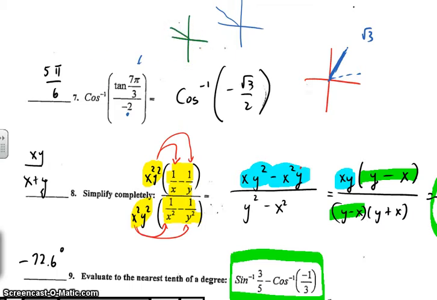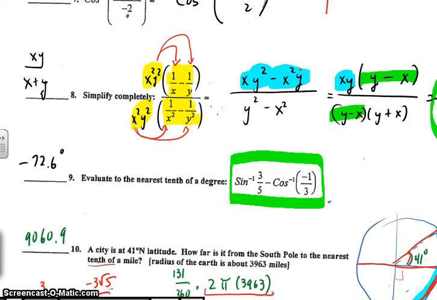All right, number 8. This is an algebraic simplification problem. It's one of those complex fractions. We see xy as the denominator of the numerator, and x squared y squared as the denominator of the denominator. We ask what we can multiply the top and the bottom by so that we clear out those fractions.